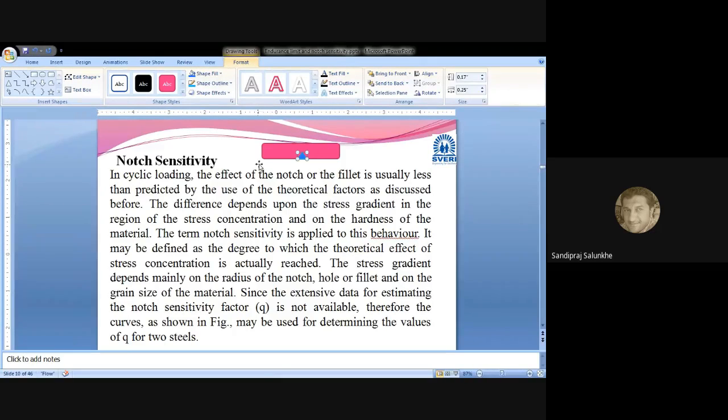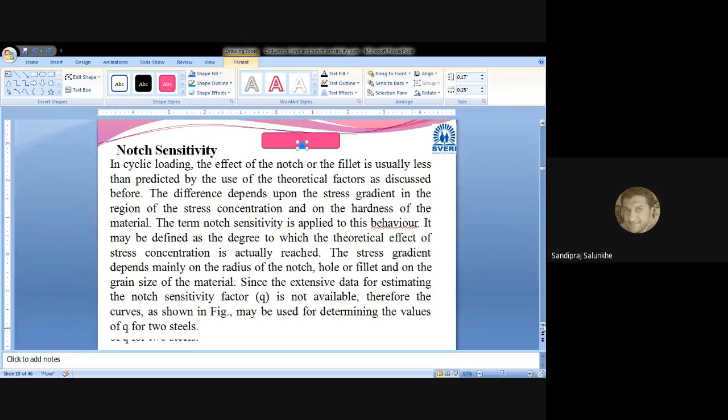So if we are going to create this type of notch, then again the strength is measured, and when we get the difference between that strength, obviously there will be a difference. Because when we see the continuous surface where we are not making any notch or change in geometry, the stress concentration will be less.